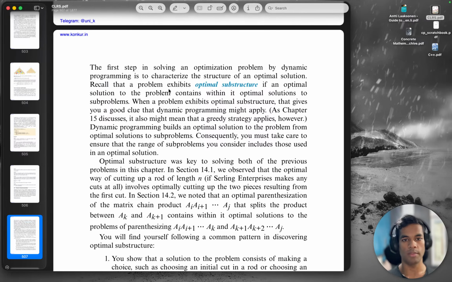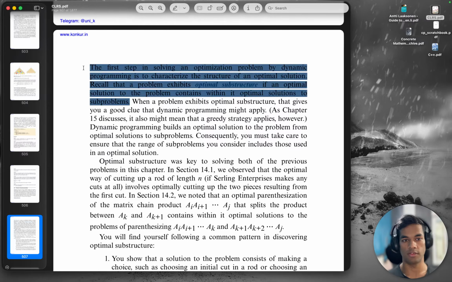Recall that a problem exhibits optimal substructure if an optimal solution to the problem contains within it optimal solutions to subproblems. That makes sense.